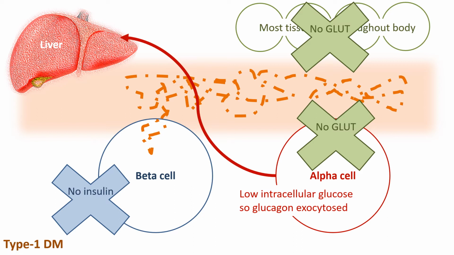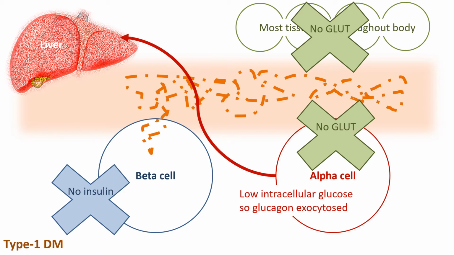Paradoxically, of course, this also means that there's no GLUT expression in the alpha cell. The alpha cell thinks that blood glucose is low because none is getting into it, so it exocytoses glucagon, which it would normally do in fasting conditions.